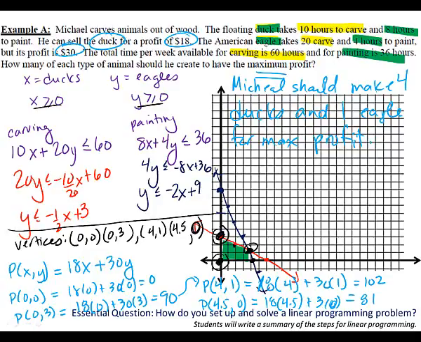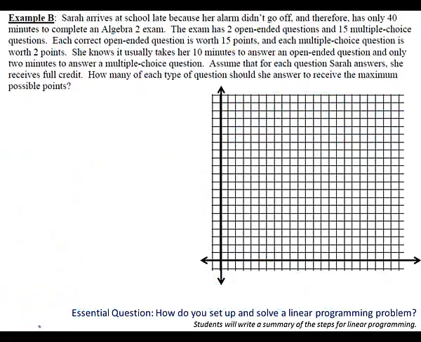Mine says B. Yours says 2. I copied and pasted from a worksheet. We've got Sarah. She is arriving at school late because her alarm didn't go off and therefore has only 40 minutes to complete an Algebra 2 exam. The exam has 2 open-ended questions and 15 multiple-choice questions.